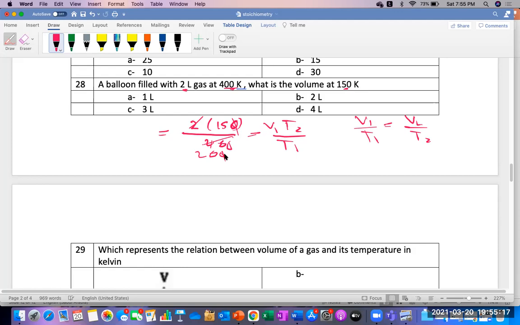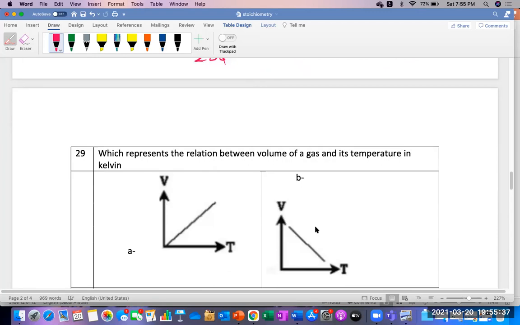Okay, it's not okay. I think this one is written in a wrong way. I think this one is 300, not 400. So you need to correct this one.